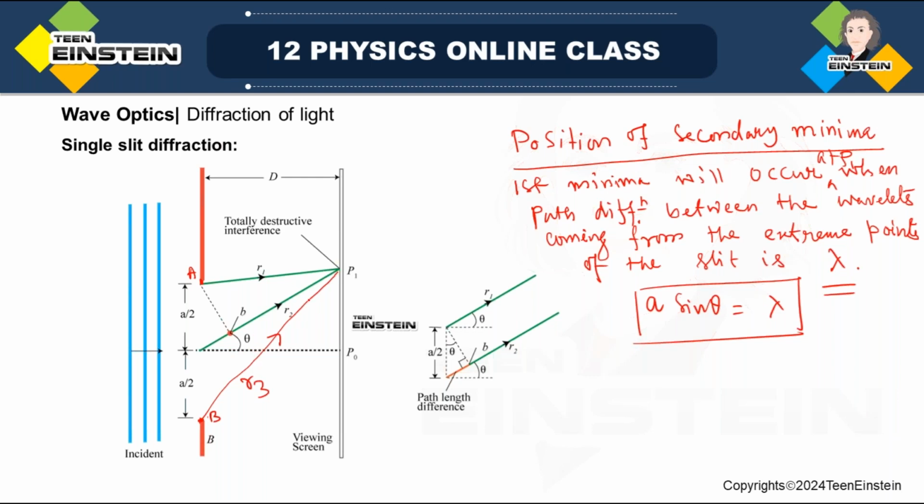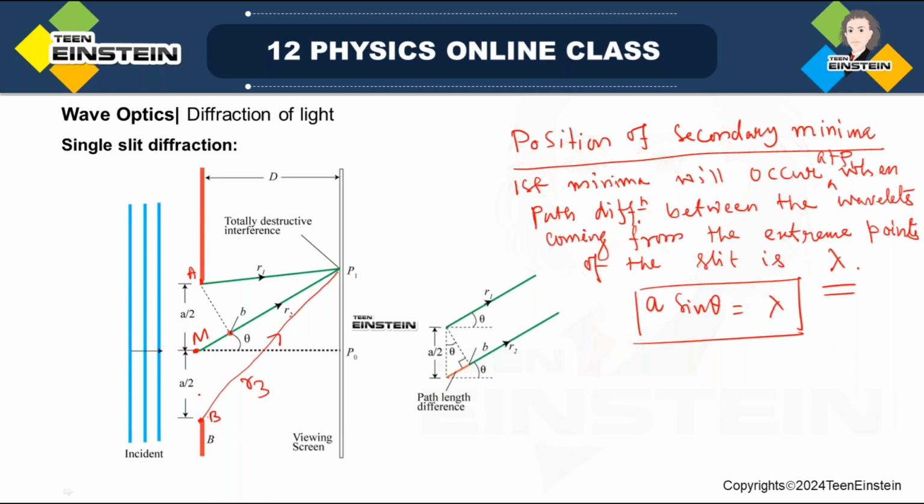To justify that, let us divide this whole slit AB into two parts. Let me name the middle point of the slit M. Now one ray goes from A, another ray goes from M. What will be the path difference between them?